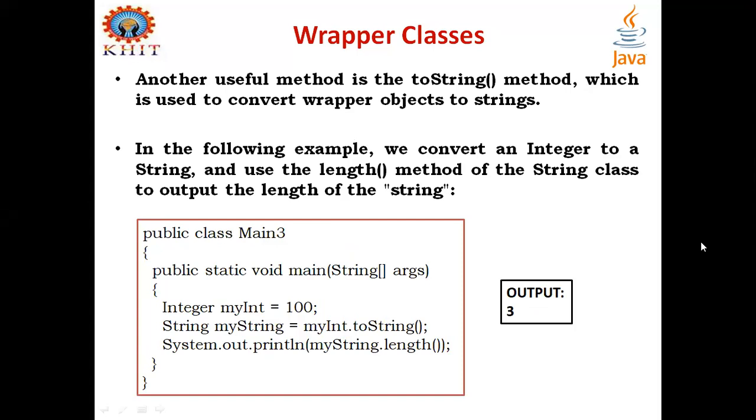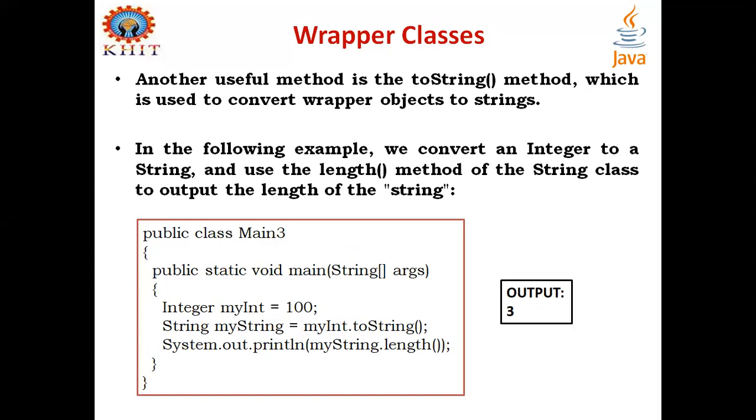Next one. Another useful method is toString. We already discussed this method in our last video also. With toString, for better understanding, we can access the values in the form of strings. It is also a function available in the Object class, that's why you can invoke this method anywhere in your programs.